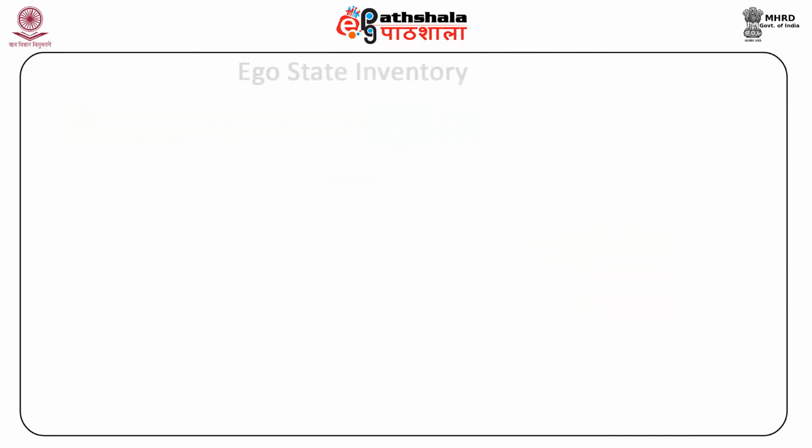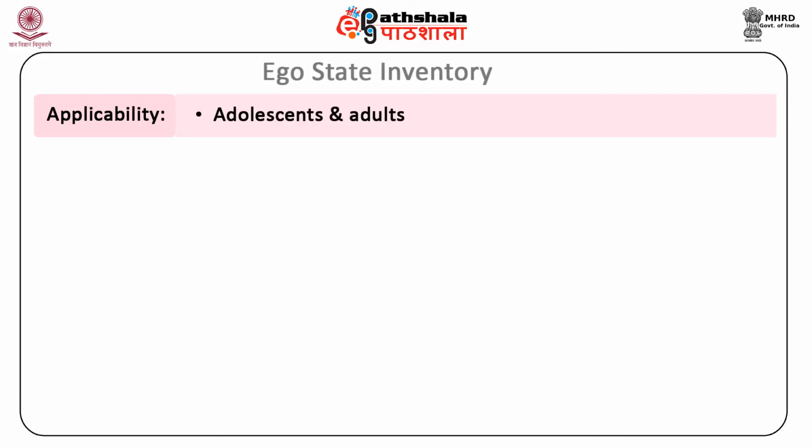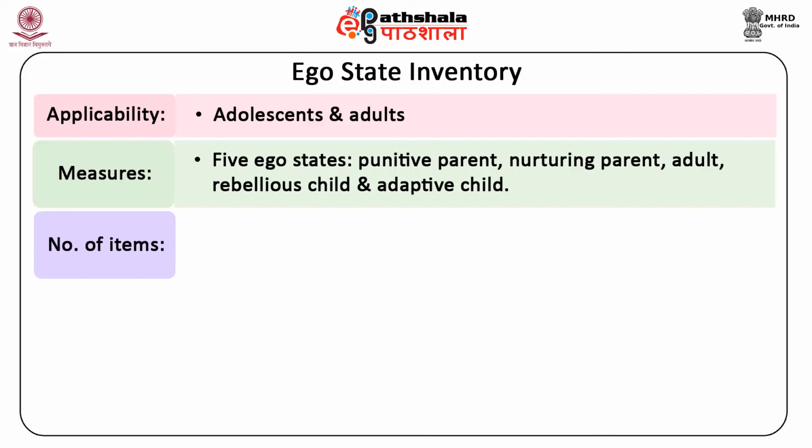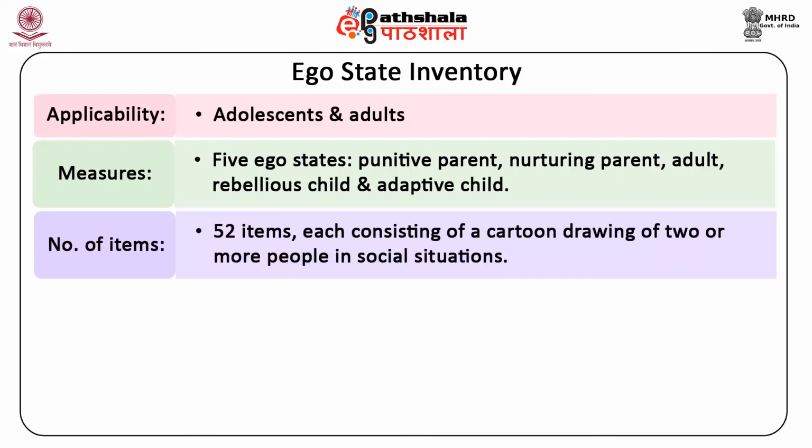Ego State Inventory. Applicability: adolescents and adults. Measures 5 ego states: punitive parent, nurturing parent, adult, rebellious child, and adaptive child. Number of items: 52 items, each consisting of a cartoon drawing of 2 or more people in social situations.